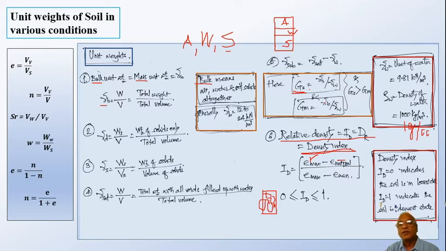Hence this value is lighter or lesser than this value. Always G s is greater than G m. And lastly, from this slide, we can revise once again density index, which is the indicator of denseness. I d equal to 0 indicates the soil is in loosest state. I d equal to 1 indicates the soil is in densest state. Okay, we'll go to the next slide.